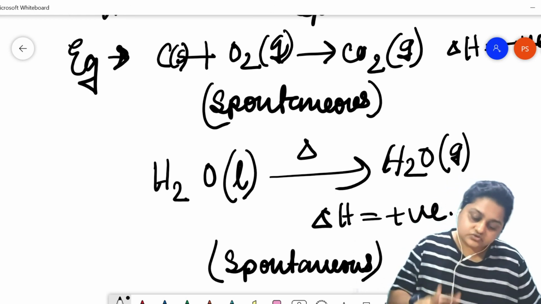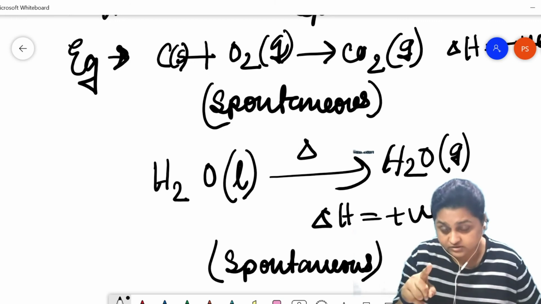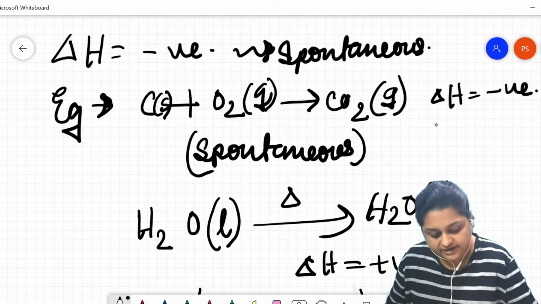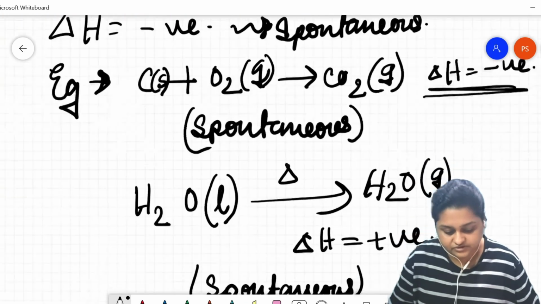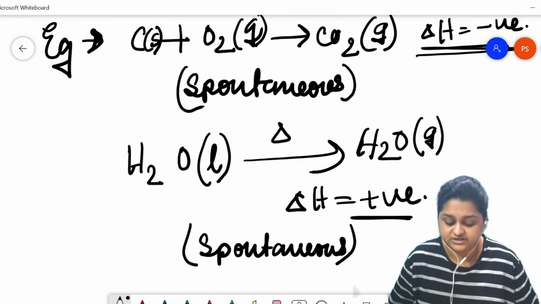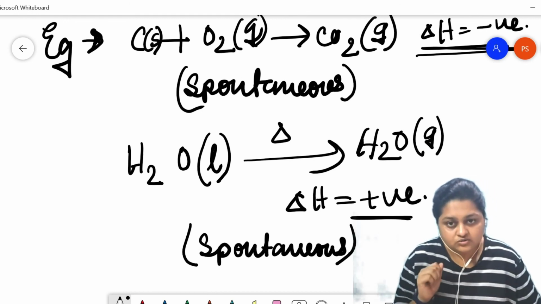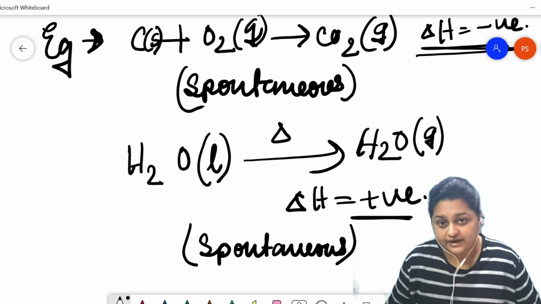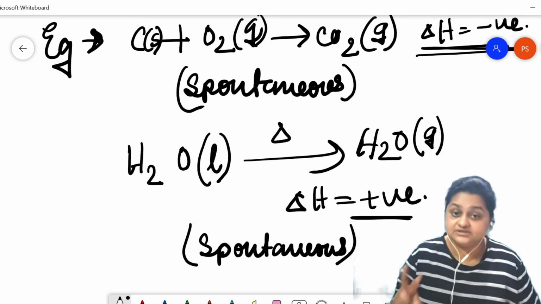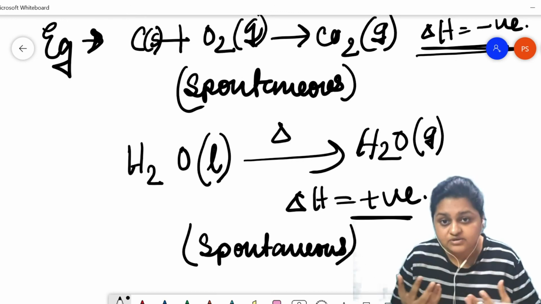These are two spontaneous processes. In one of them, delta H is negative; in the other, delta H is positive. So what I'm trying to say is that the delta H value cannot be the only factor which determines the spontaneity of a reaction. There is another factor, and that is the randomness of the system.